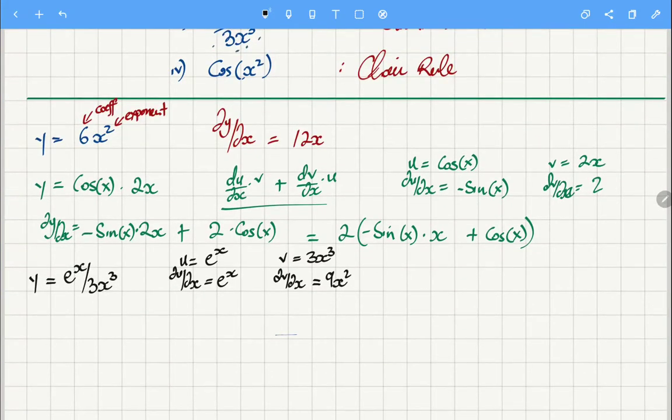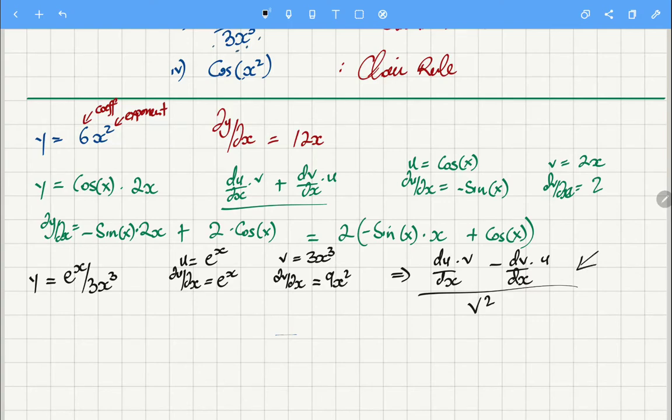Okay, so the formula for the quotient rule is du over dx times v minus dv over dx times u, all over v squared. So what I need to do now is just plug in those numbers into here.